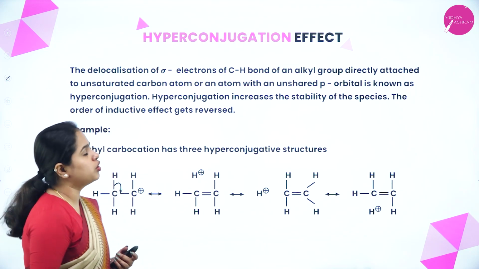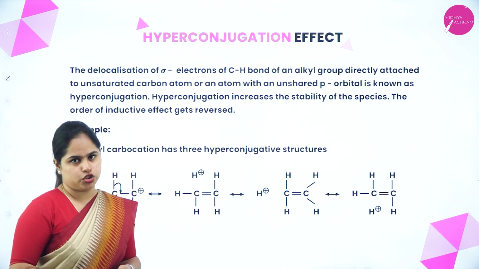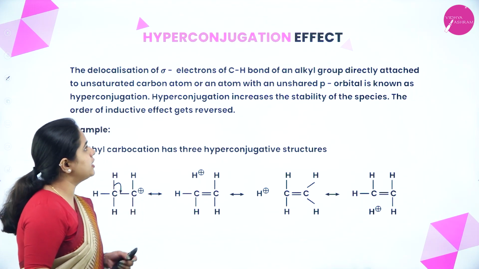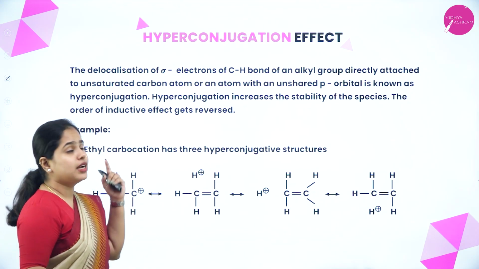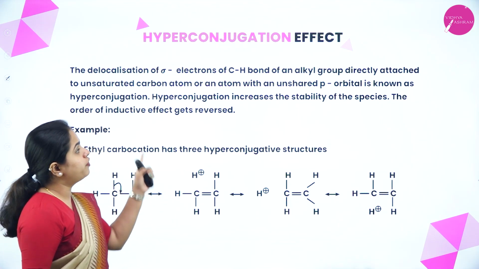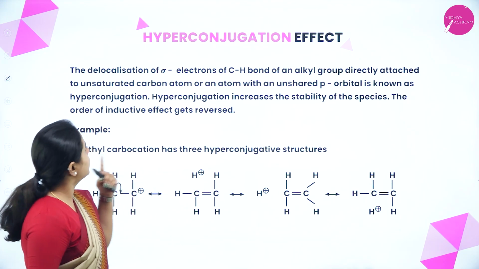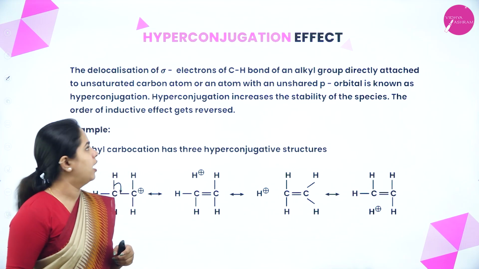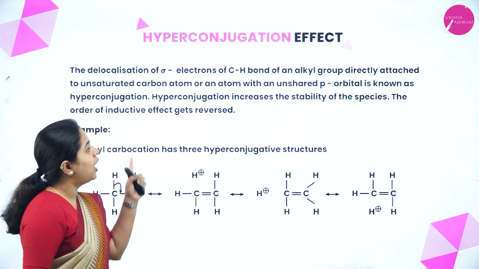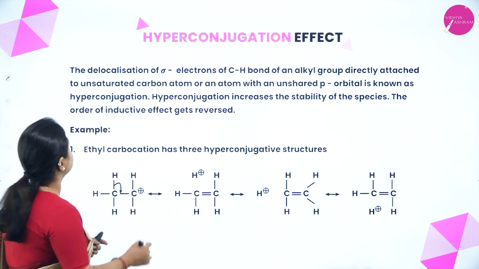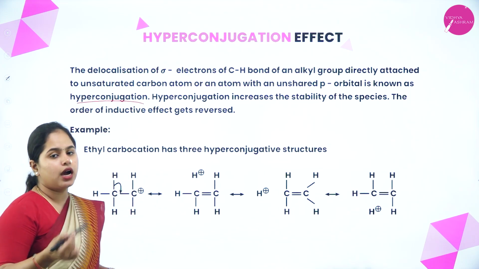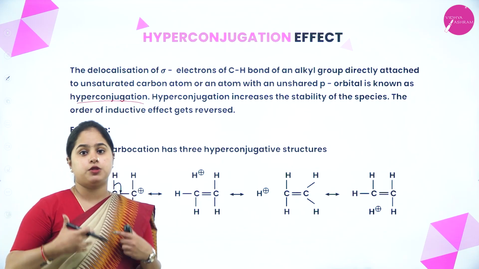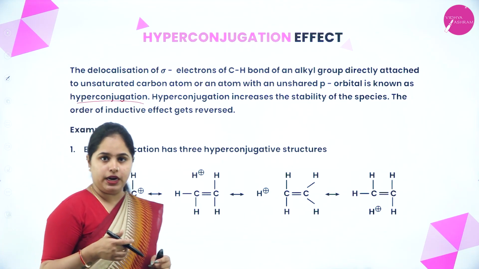Right. Now moving on to the last effect, that is hyperconjugation effect. So the delocalization of sigma electrons of carbon hydrogen bond of an alkyl group directly attached to the unsaturated carbon atom or an atom with an unshared p orbital is known as hyperconjugation effect. So in hyperconjugation effect, there must be an unsaturated carbon atom.